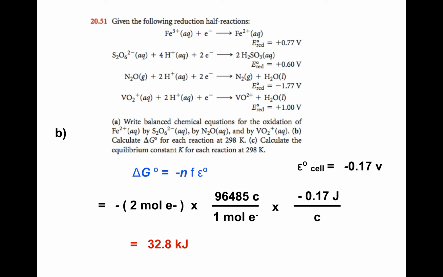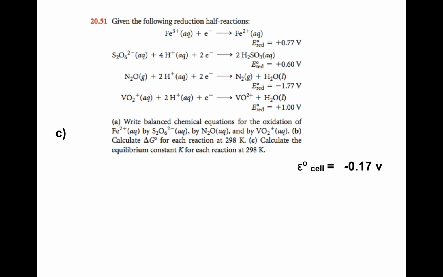C, calculate the equilibrium constant for the reaction. All right, so just like G naught can be set equal to the equilibrium constant, so can E naught. This is called the Nernst equation, or a permutation of the Nernst equation, where if I know what the voltage is at standard conditions, I can equate it to the equilibrium constant.